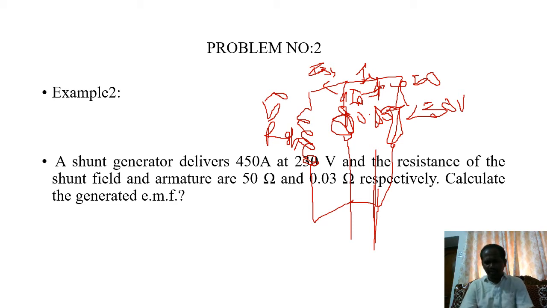But here the voltage V is across the armature and across the shunt field, the same. So you can calculate the shunt field current: Ish is equal to 230 by 50.